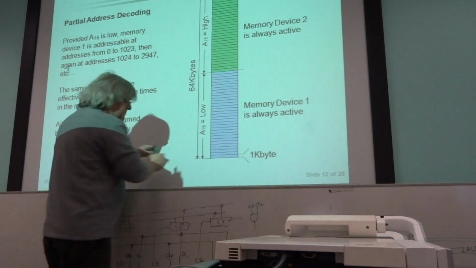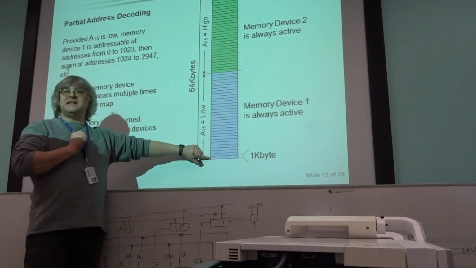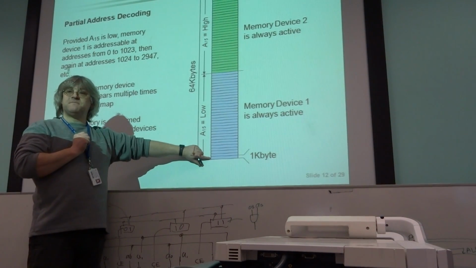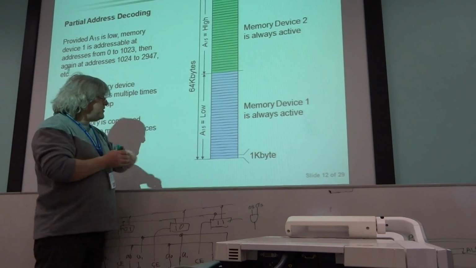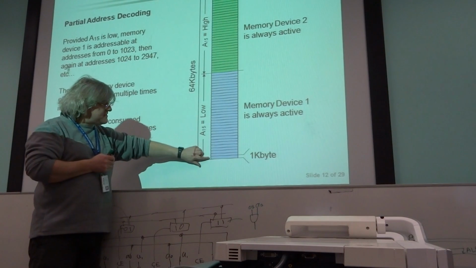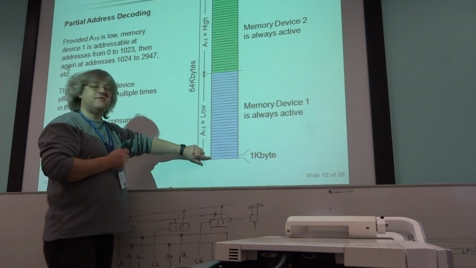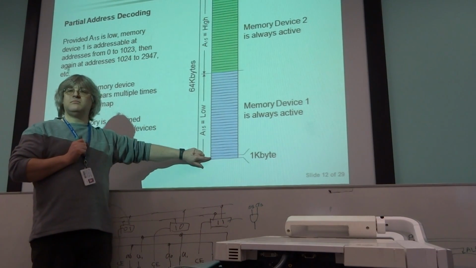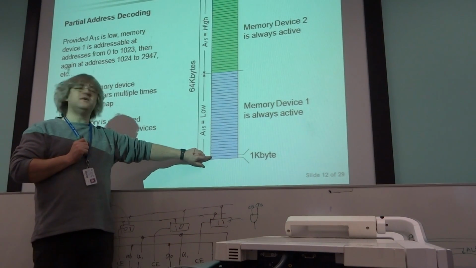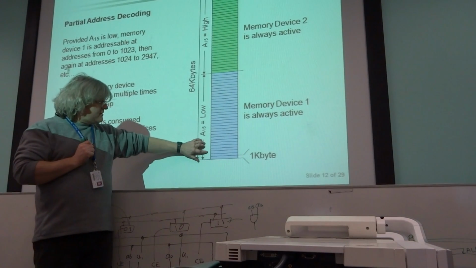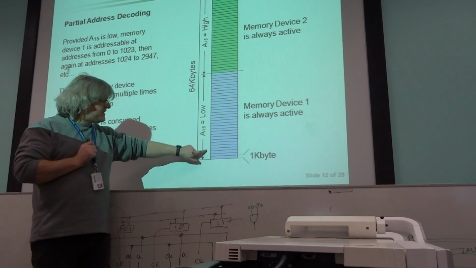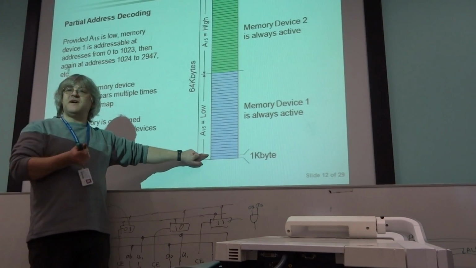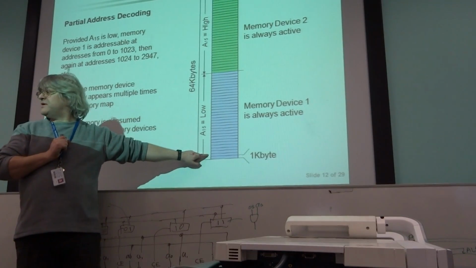Each of these little strips corresponds to 1,000 little memory locations within the device. What you see here is when A15 is low, the values A0 to A10 allow you to talk to one block, the memory. The same happens again. Now what's happened here is A11, A12 has got different values, but we didn't wire that up.